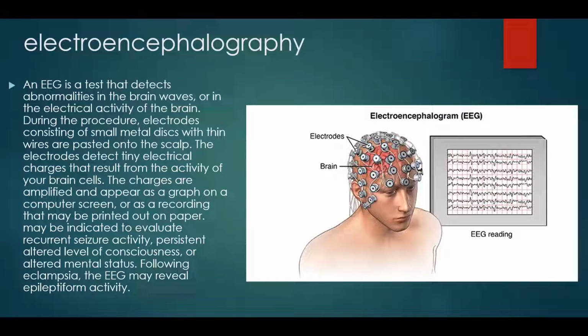The electrodes detect tiny electrical charges that result from the activity of your brain cells. The charges are amplified and appear as a graph on a computer screen or as a recording that may be printed out on paper.